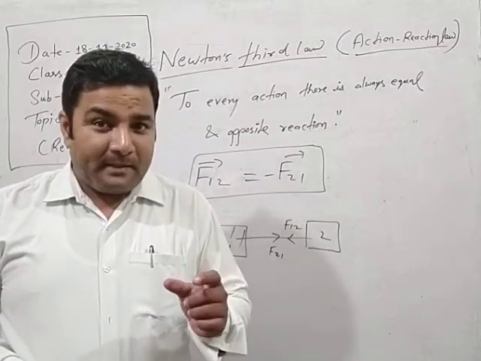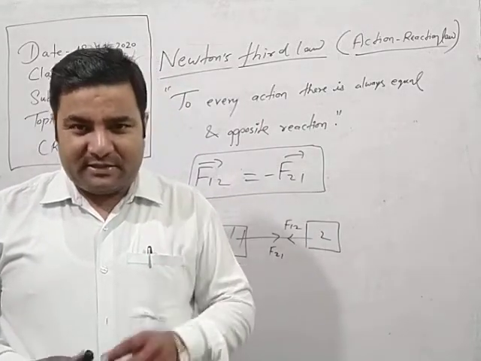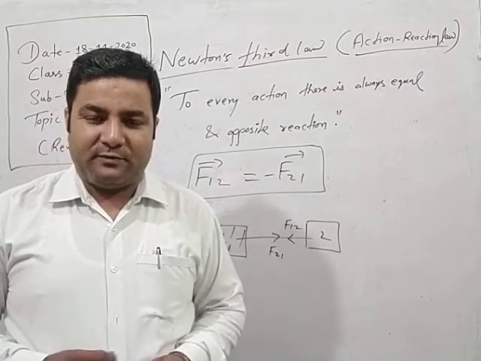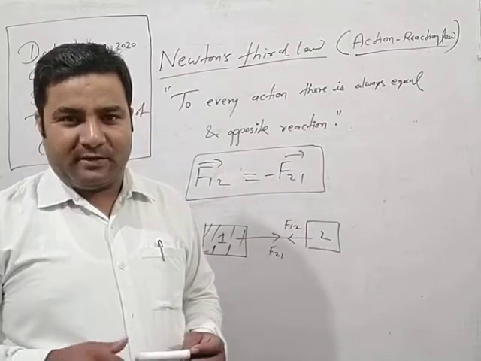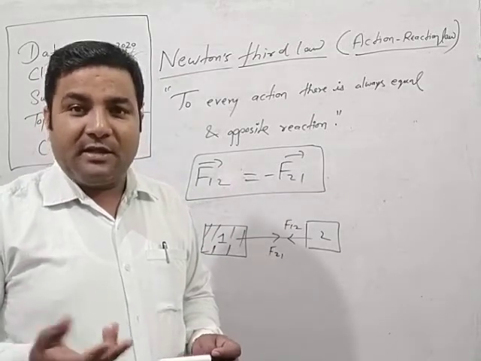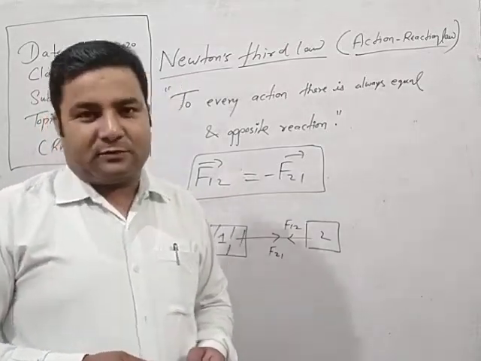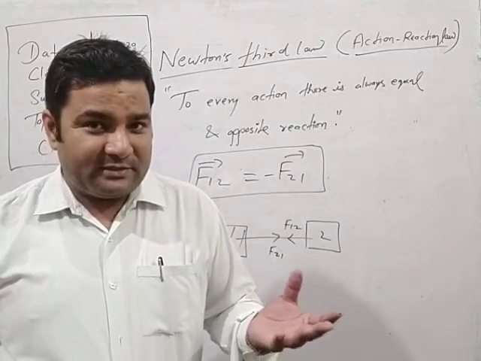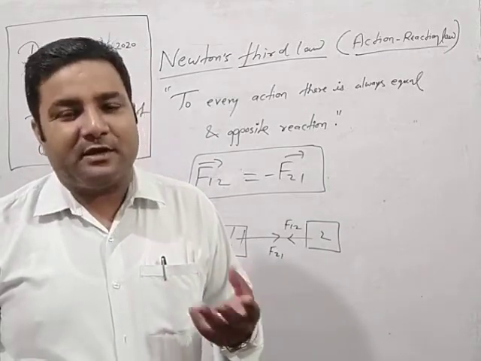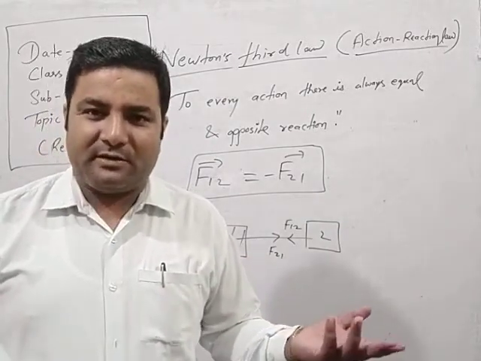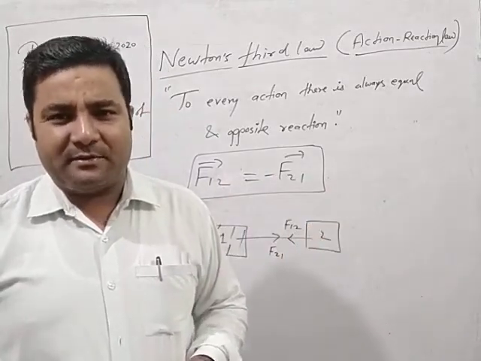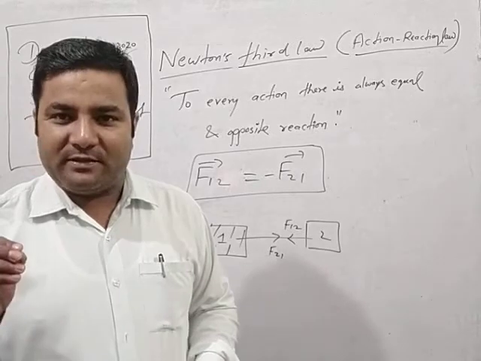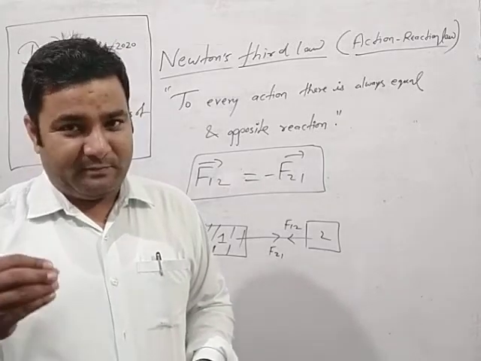If there is insufficient reaction force, like on a slippery area, then we can't move easily. Suppose you apply force and you don't get the reaction force. Then the action is greater than the reaction, which means unbalanced force. Unbalanced force means the person will fall down. Otherwise anything can happen. So whenever the action and reaction are equal, then we can move properly.